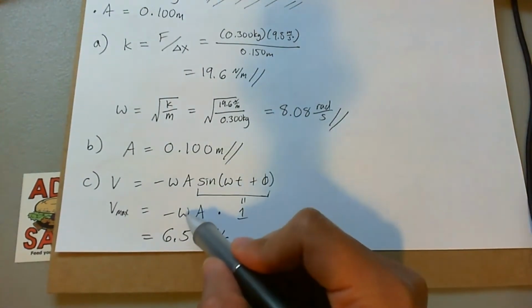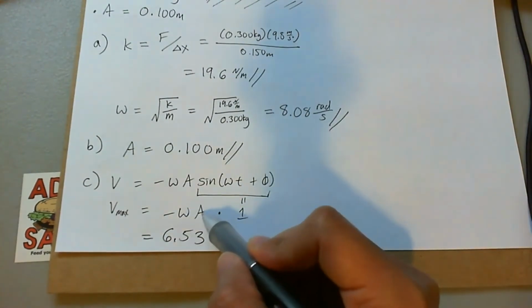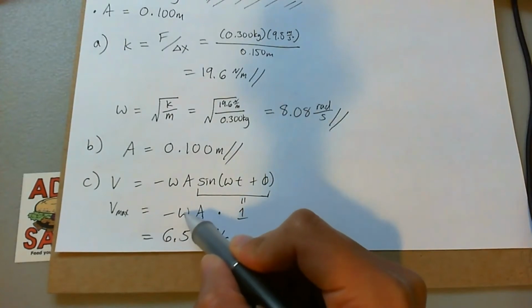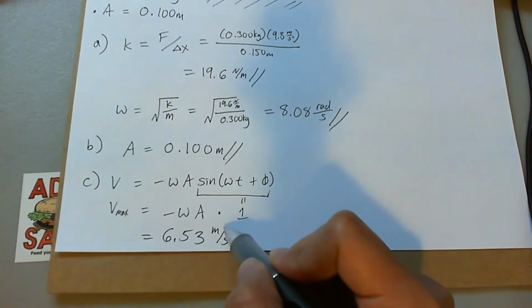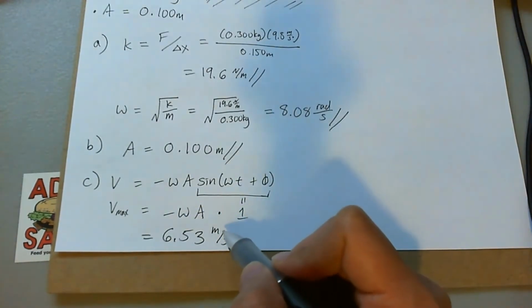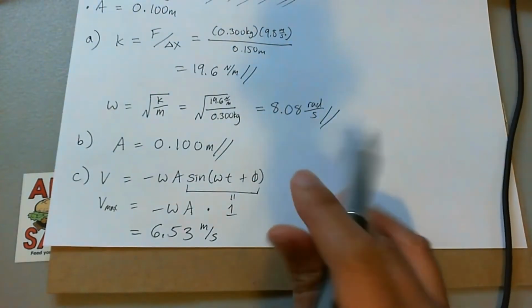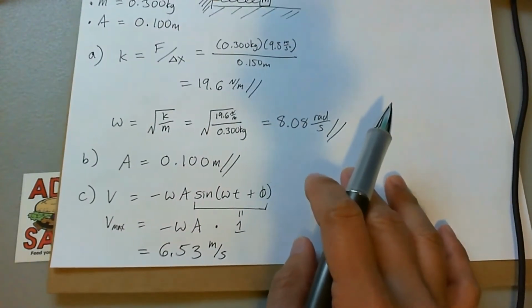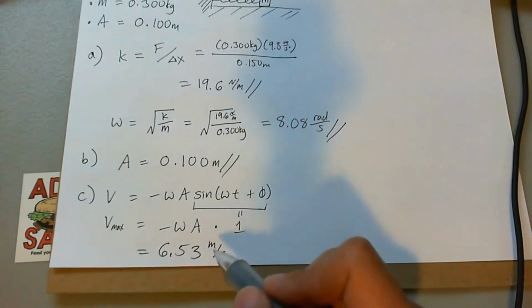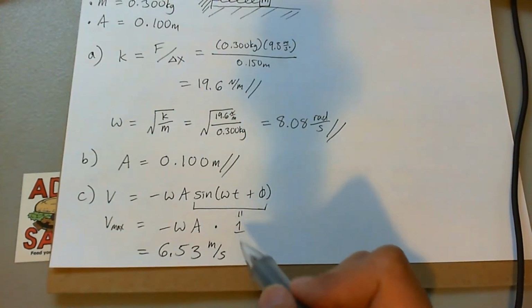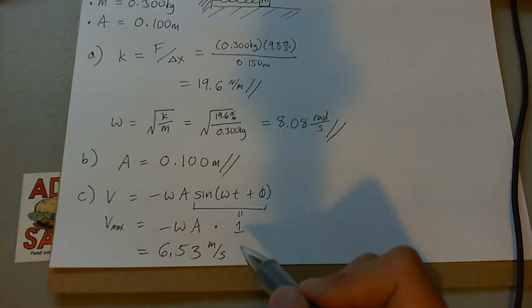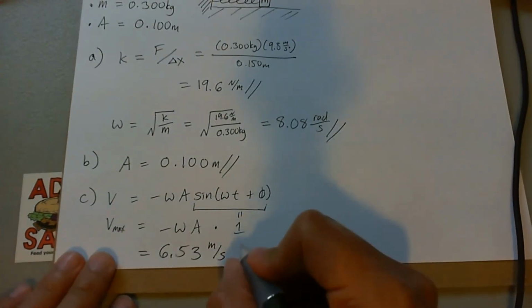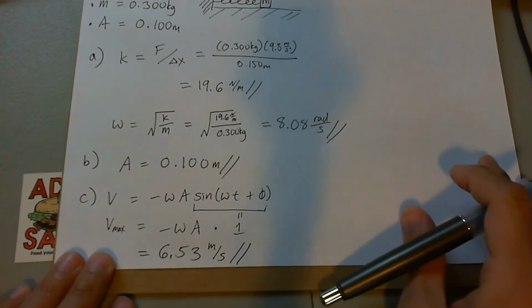The units should work out because this is in radians per second and this is in meters, so radians meters per second is your final unit. The thing about radians, though, is that it's kind of a pseudo unit. It's not a physical unit, just some sort of dimensionless property of the sine function. So it ends up being meters per second as the final unit.